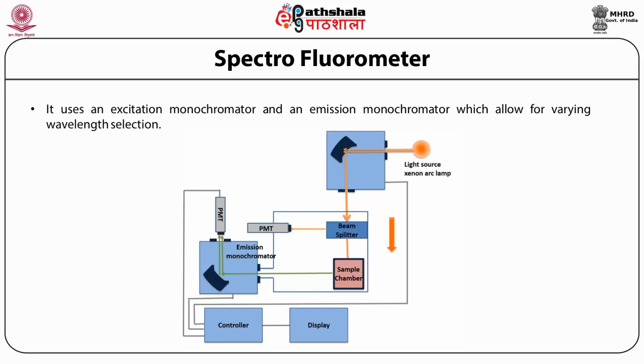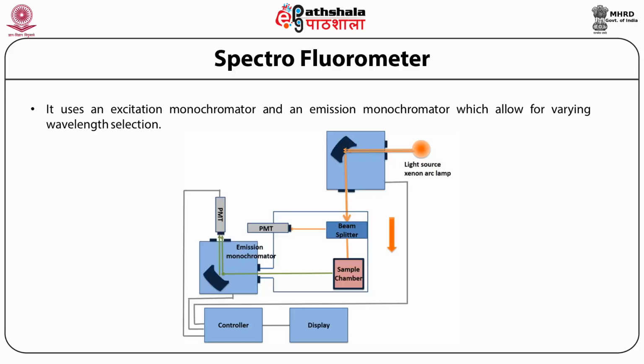The operator can scan a substance over a range of wavelengths. There is also a disadvantage of spectrofluorometer that it is several times as costly as filter fluorimeter and can only provide moderate sensitivity and specificity. And the block diagram for the spectrofluorometer is shown in the figure.